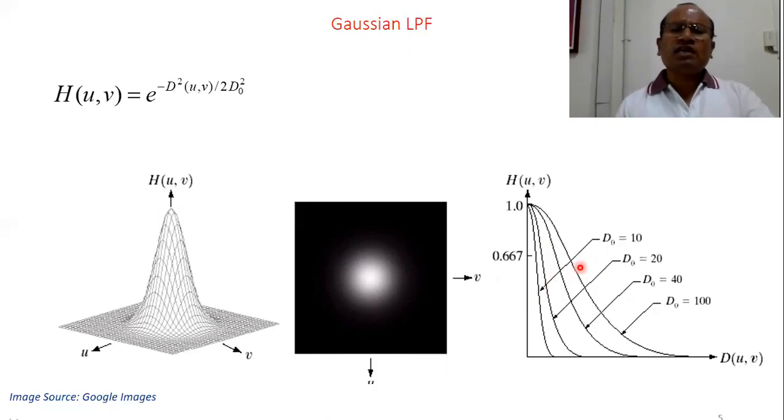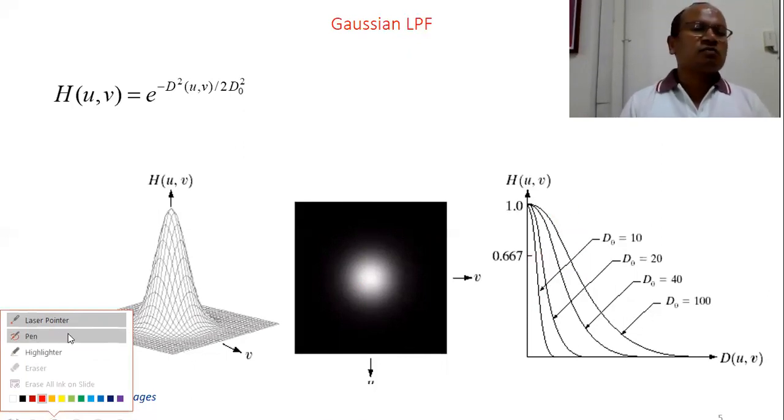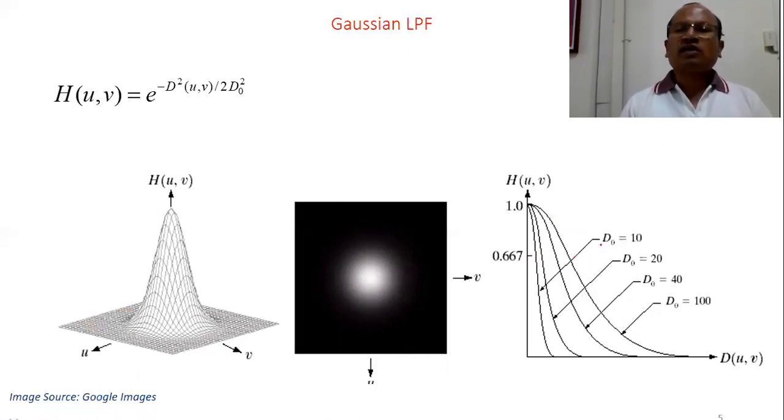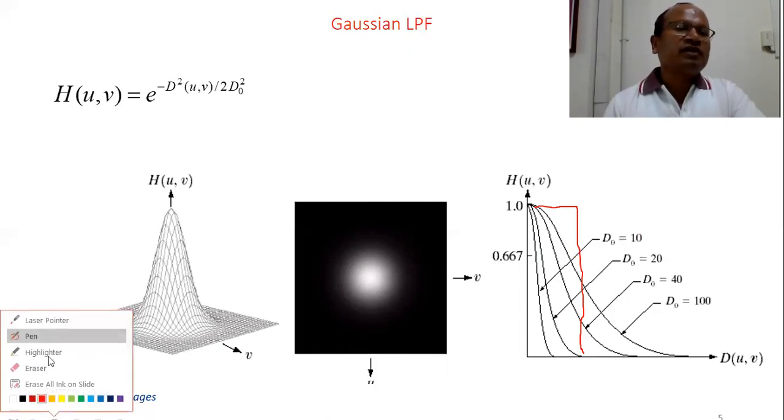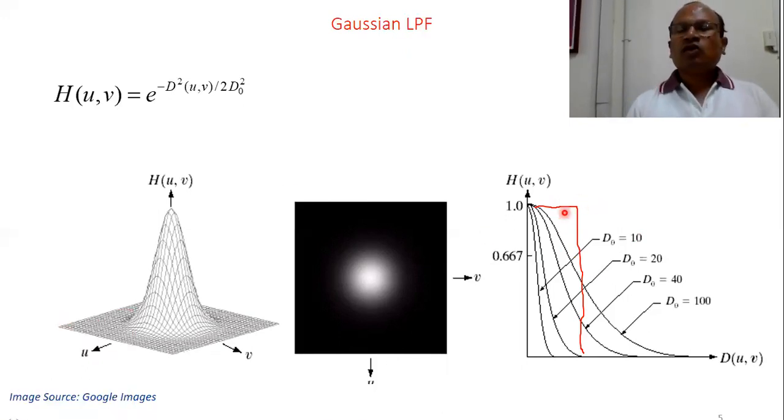If I can use the pen here, you know that this is how we get, if you remember, the response. So you can see this red color which I have highlighted.